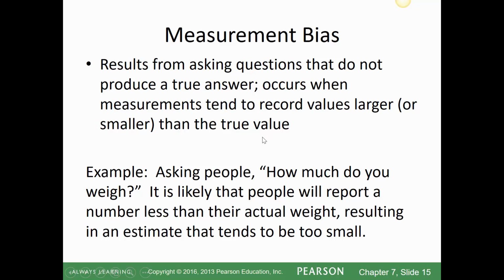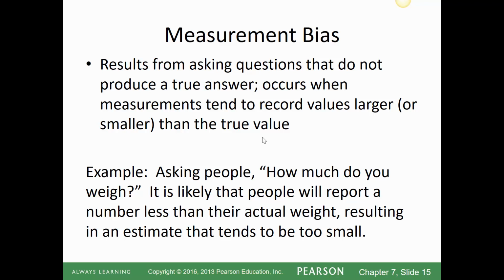Measurement bias results from asking questions that do not produce a true answer. It also occurs when measurements tend to record values larger or smaller than the true value, right? Another example in the book: if you ask everyone to report their salaries, typically people tend to overestimate. So maybe someone actually made $52,000, and when you ask how much they made, they say 55,000.